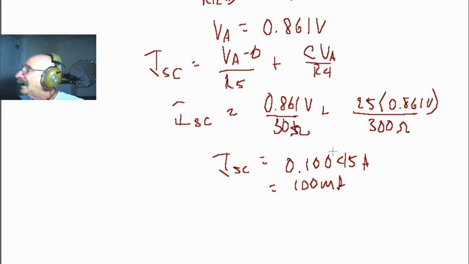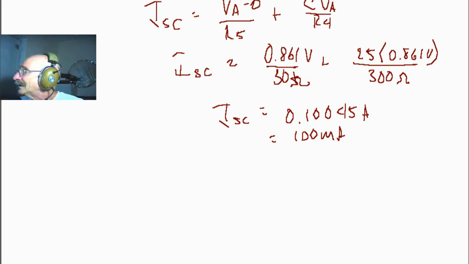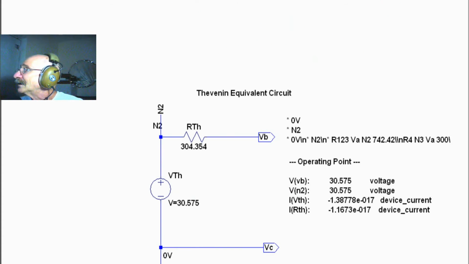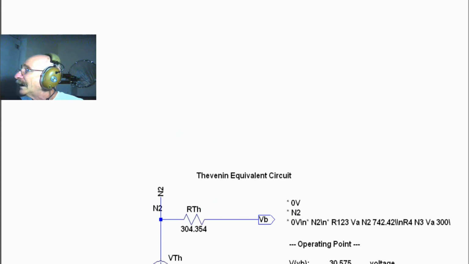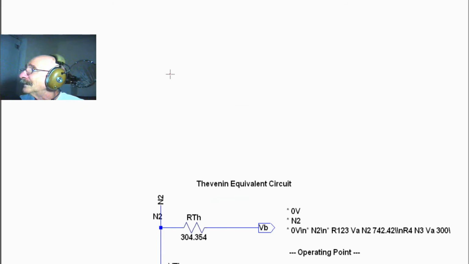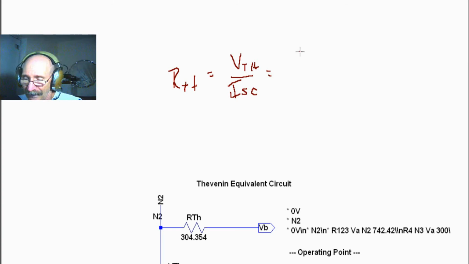Okay, so the last little bit is to determine our Thevenin equivalent, and here is our Thevenin equivalent circuit. The way that we get our R Thevenin is equal to V Thevenin over ISC, which is the short circuit current.